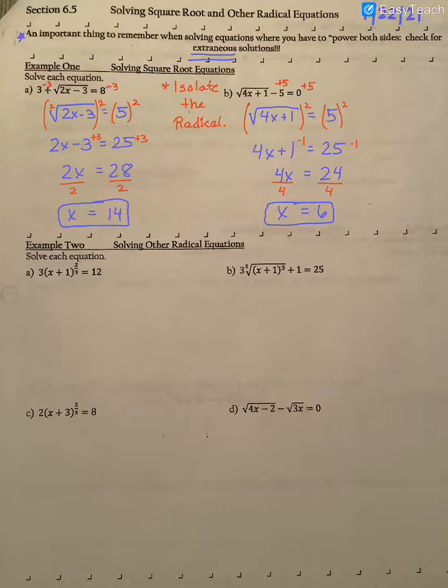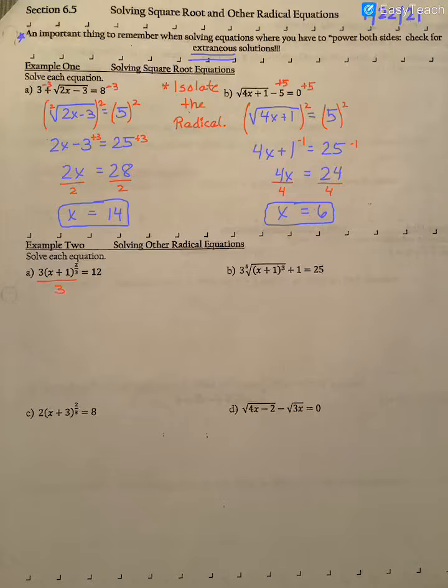So as we look at example A, it's 3 times x plus 1 to the 2/3. So my first question is, how do I get the x plus 1 to the 2/3 by itself? And notice it's 3 times that amount. So to move a times 3, we're going to divide by 3.